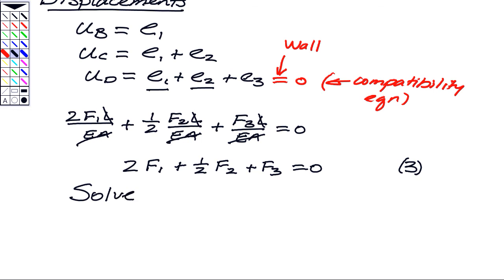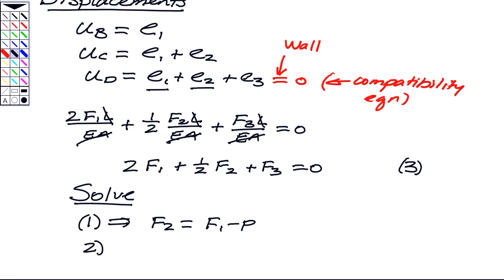So to solve, what I did was took equation 1, and I solved for F2 is equal to F1 minus P. My equation 2 gives me that F3 is equal to F2 plus P. And so we'll substitute that in.